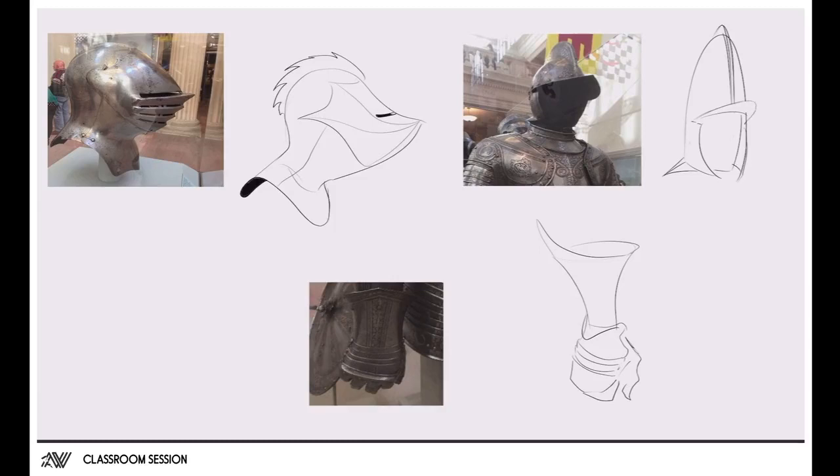You can play with the shape language, the exaggeration of shapes. You can even make it comical, but you still understand the structure underneath and the primitives that you're manipulating. So that's something that you can do later. You can stylize whatever you want. You can design. You can add in information. That's basically what a concept designer does, right?